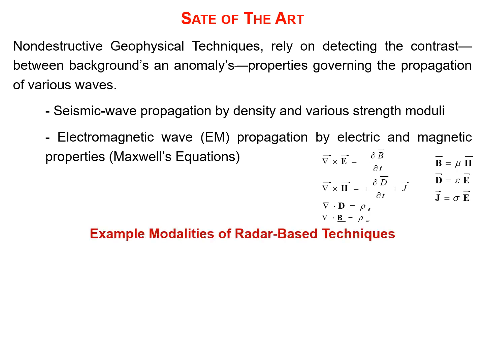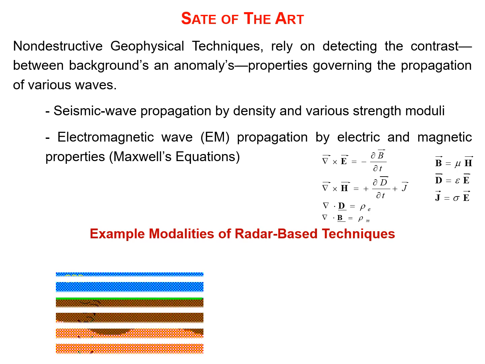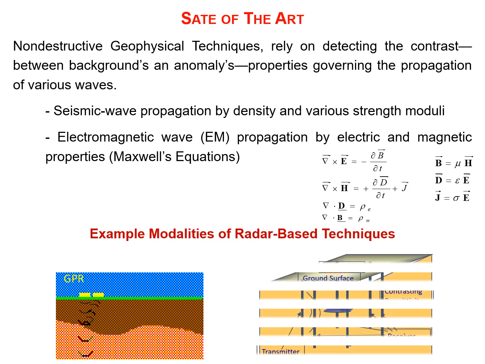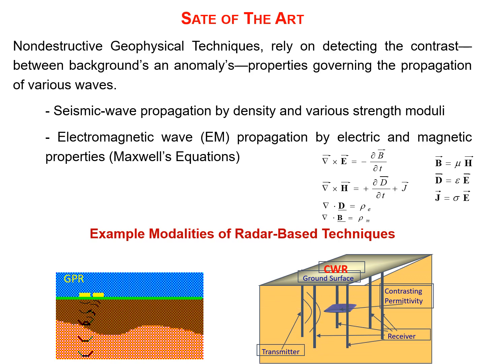And there are different modalities that we could use electromagnetic waves, in methods we call radar-based techniques. One very popular modality is a surface reflection modality called ground penetrating radar, or GPR. Another one is a cross-borehole radar modality, which is more useful for deep detection.